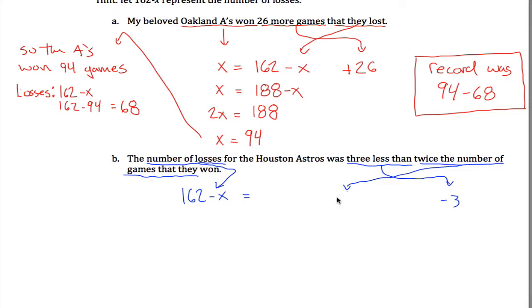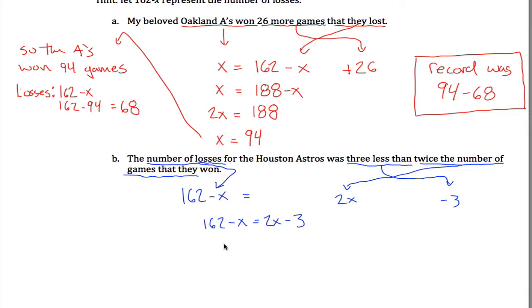So what that gives us is a 2X over here. So our equation is 162 minus X equals 2X minus 3. And this is an equation we can solve. Maybe I'll write it again with things less spread out.